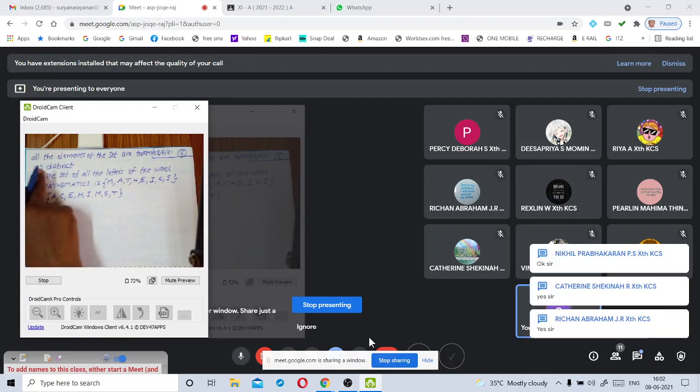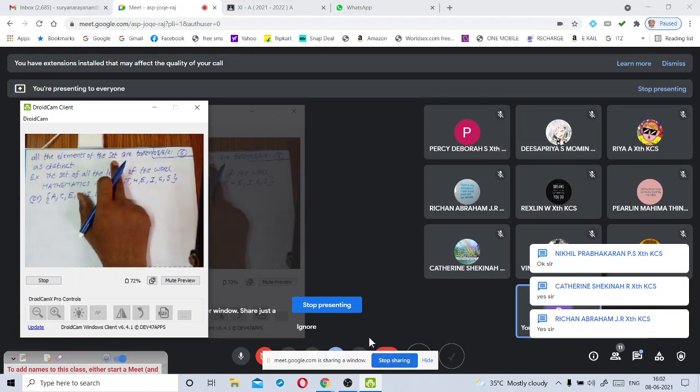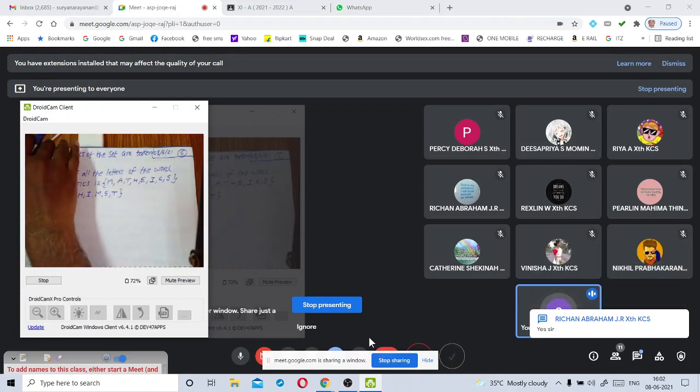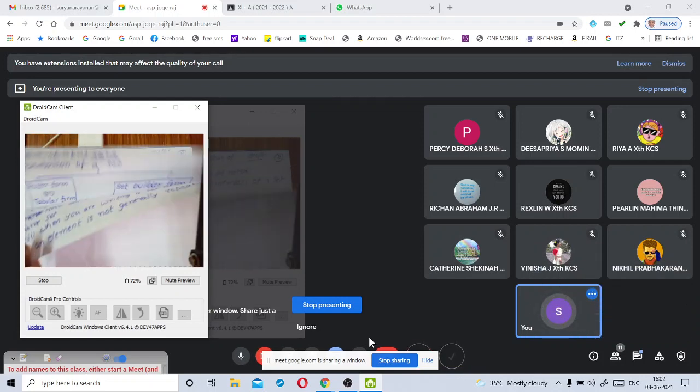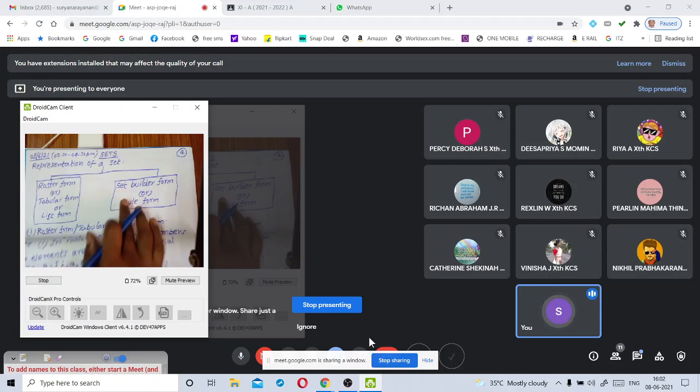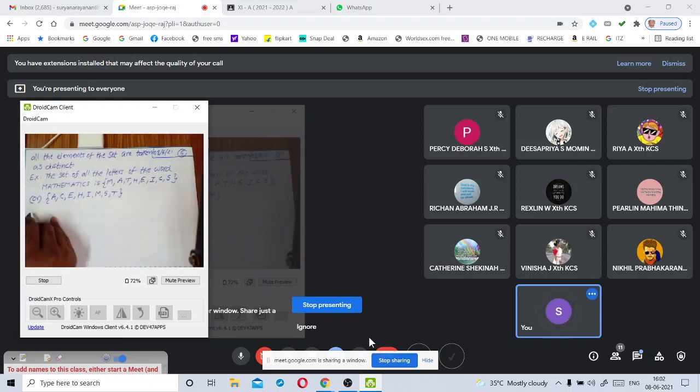Yes. So this is about roster form. Now let us discuss set builder form. Okay. This is another method to represent a set.